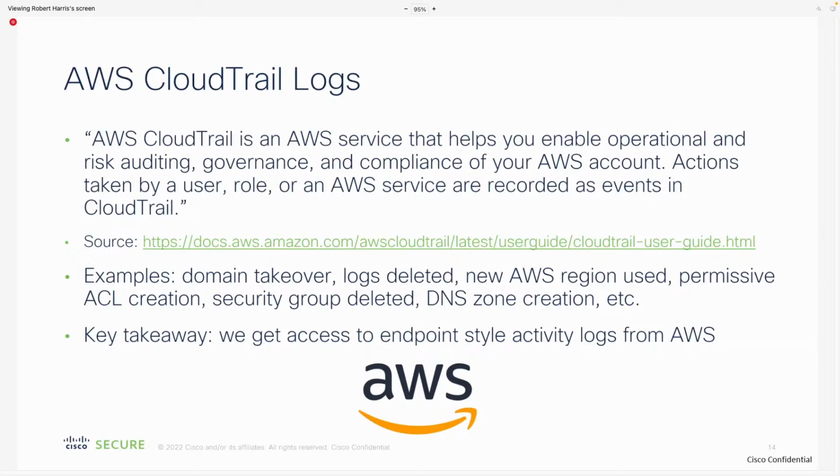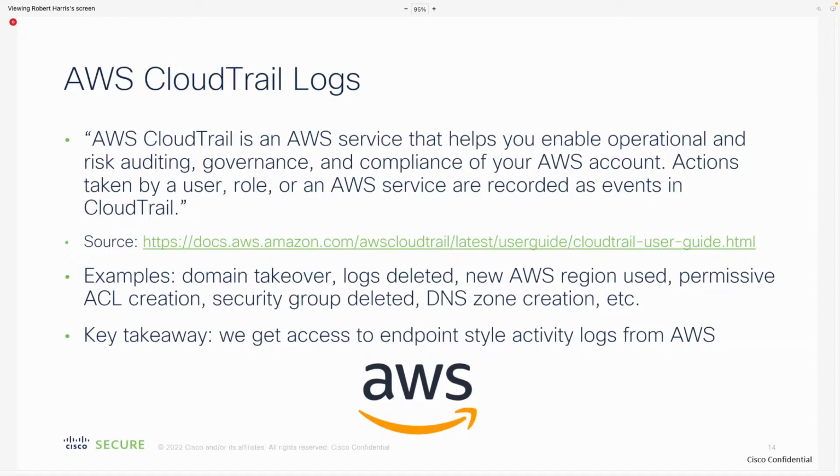And AWS, through the use of the CloudTrail service, is providing us with access to a history of those API calls, and therefore basically all of the actions that are being taken inside of AWS. So we get a lot of good data in there beyond just what might be happening on the wire.